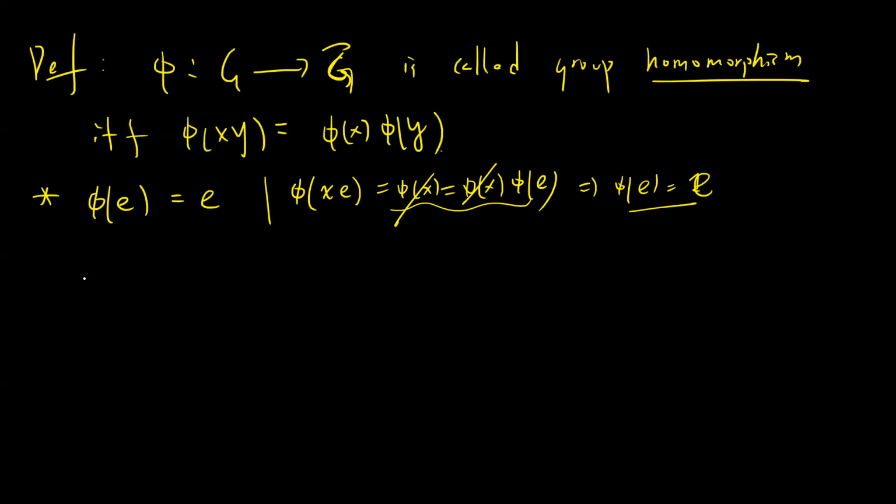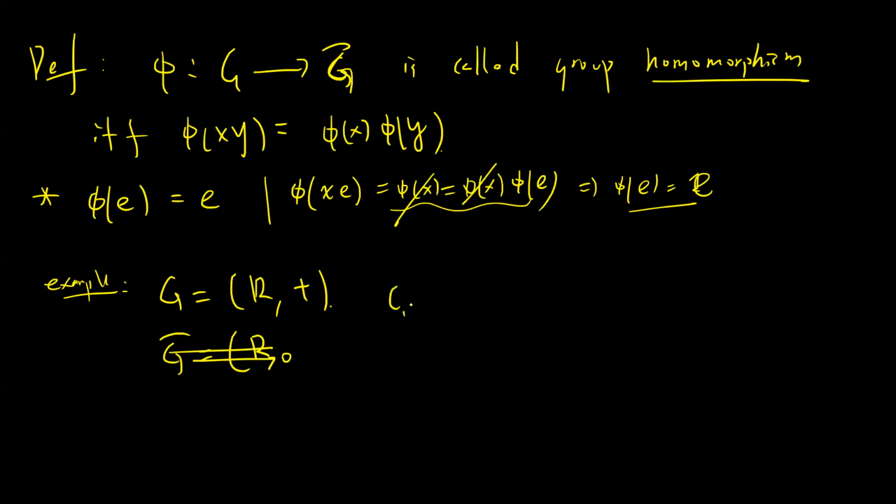Okay, so let's talk about another example. There are so many examples. Let's say we take the group G to be the real numbers under addition, and G bar to be the non-zero real numbers under multiplication.